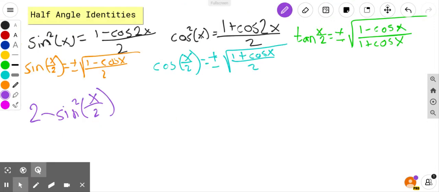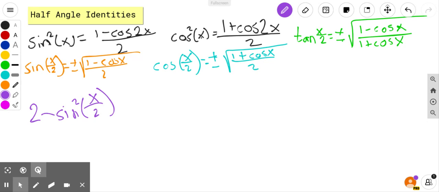All right, so now let's say we have this purple expression, because it's not set equal to anything: 2 minus sine squared of x divided by 2. And you're asked to simplify this. So, the first thing I notice is that I'm going to work with a half angle identity because the input to the sine squared is an x divided by 2.